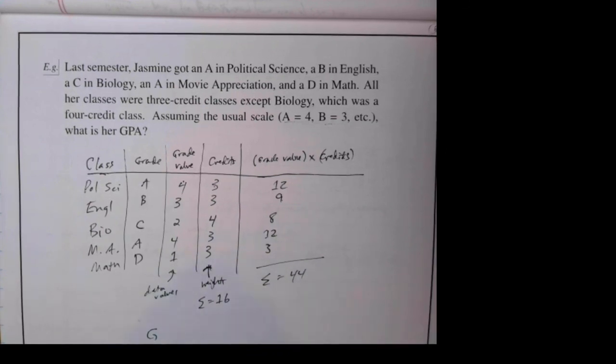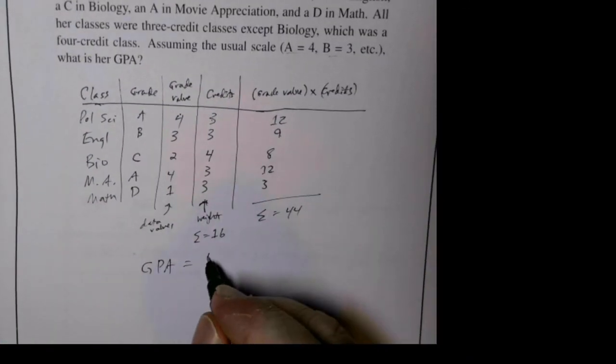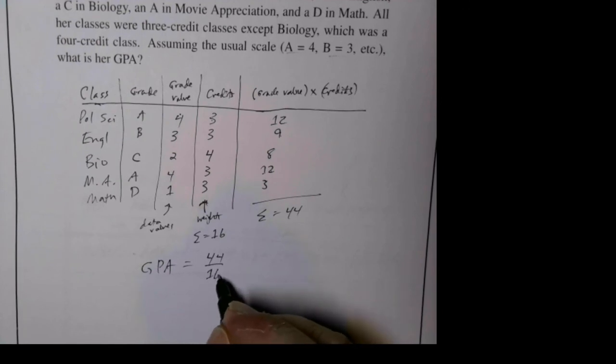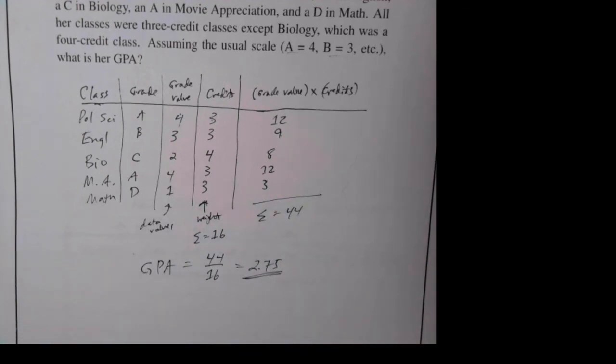So the GPA here is just going to be 44 over 16, which works out to be 2.75. Okay, that's been kind of long, but that's it for this lecture.